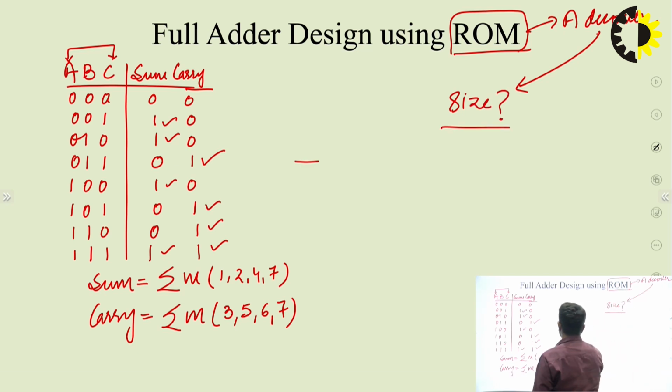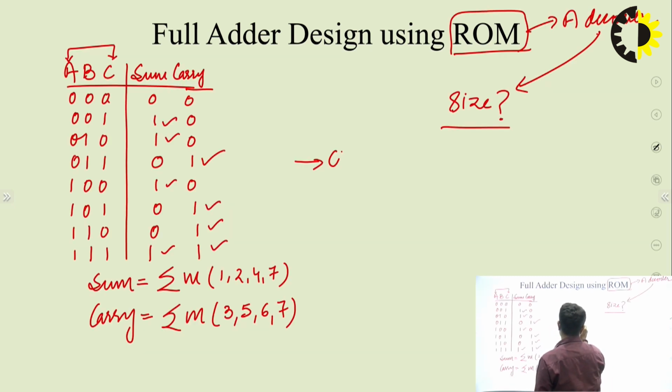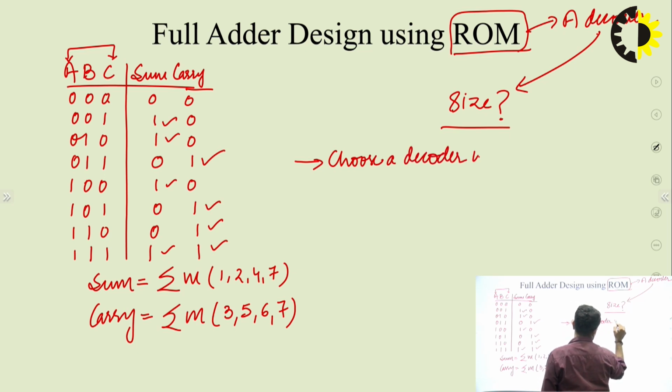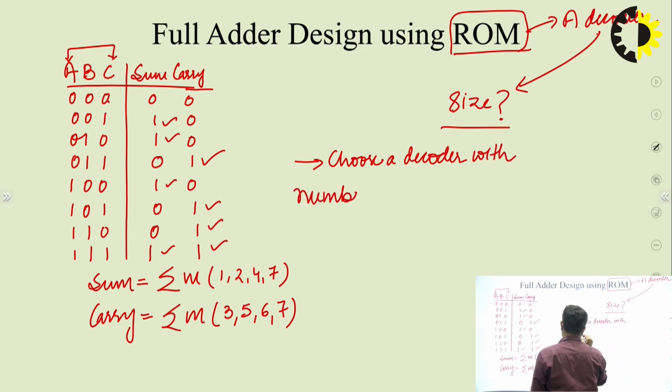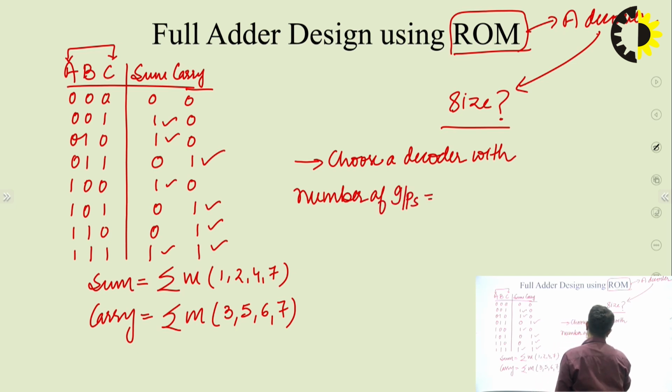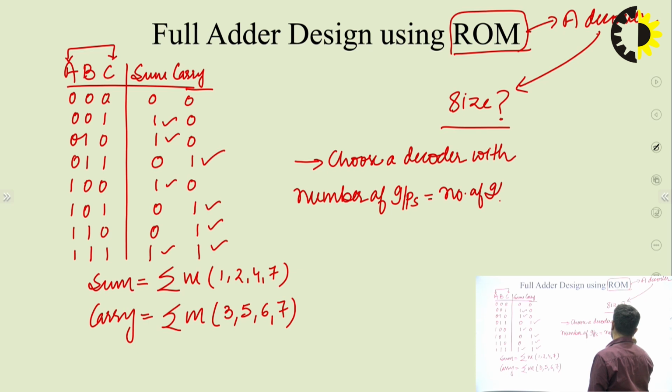So the simple funda is that you have to choose a decoder with number of inputs equal to the number of inputs in the application to be designed.